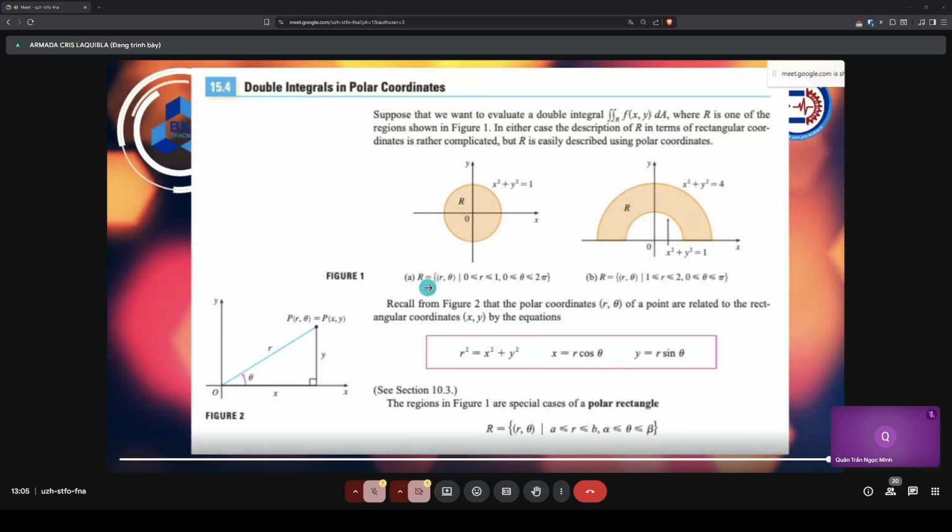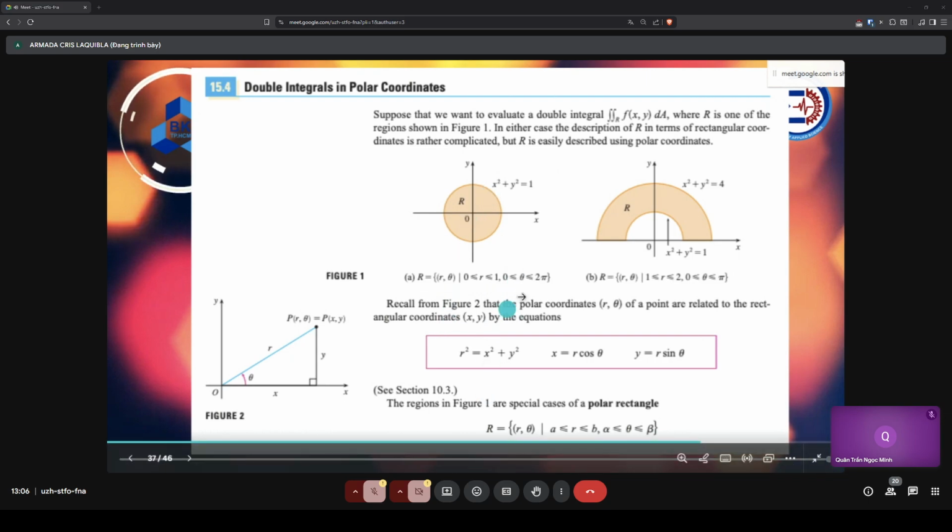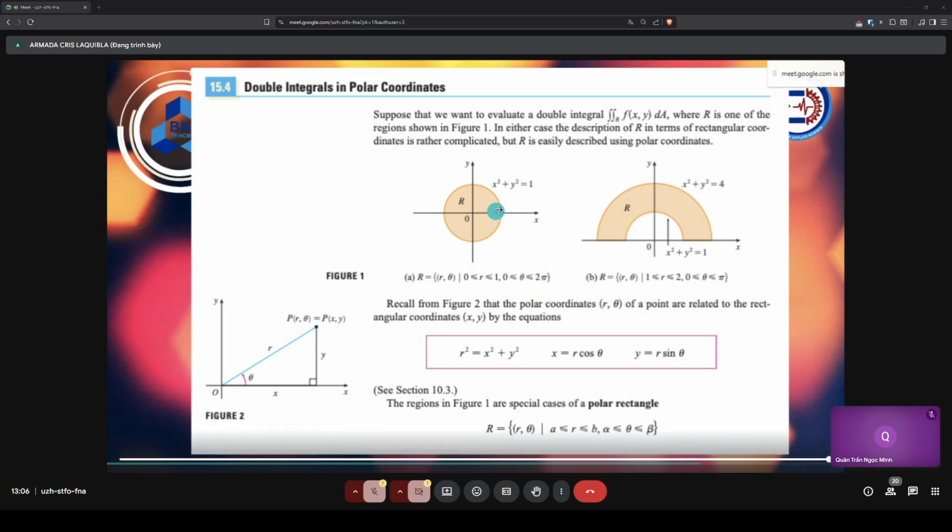Now your region R here is the set containing the points (r, theta) such that your radius is from 0 to 1. For this one, you have x squared plus y squared equal to 1. This is r squared equal to 1, right? So your radius is equal to 1. It starts at 0 because it starts at the origin, going to the radius, which is equal to 1. And your theta is from 0 to 2 pi because it starts at 0, then when you have the full circle, it goes to 2 pi.